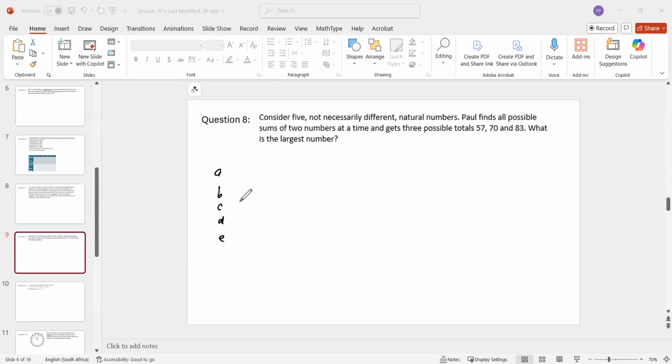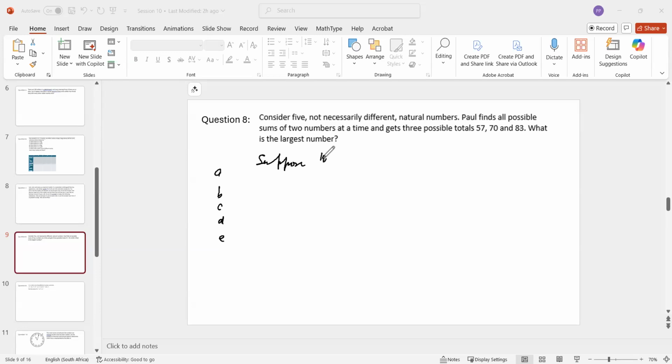All right. So the starting point here is we don't know what the largest number is, but let us order these numbers from smallest to largest. We're giving names to them.